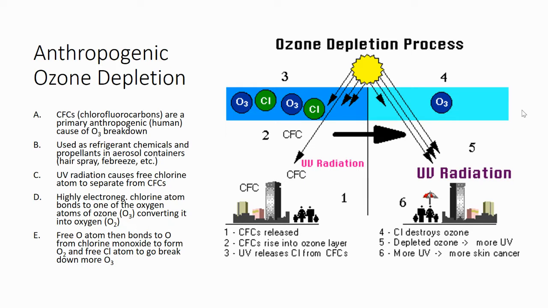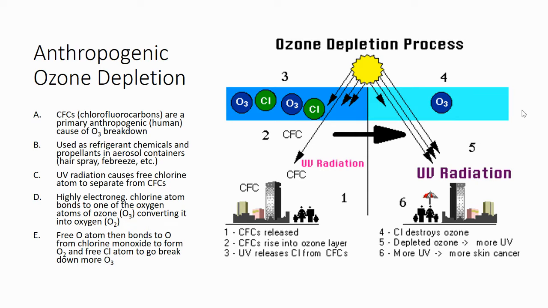But the main reason we don't want CFCs anymore is because UV radiation causes free chlorine atoms to separate from the chlorofluorocarbon. Because chlorine is a highly electronegative atom, it's going to bond to one of the oxygen atoms of ozone, ripping it right from the O3 and converting it into an oxygen molecule, or O2.